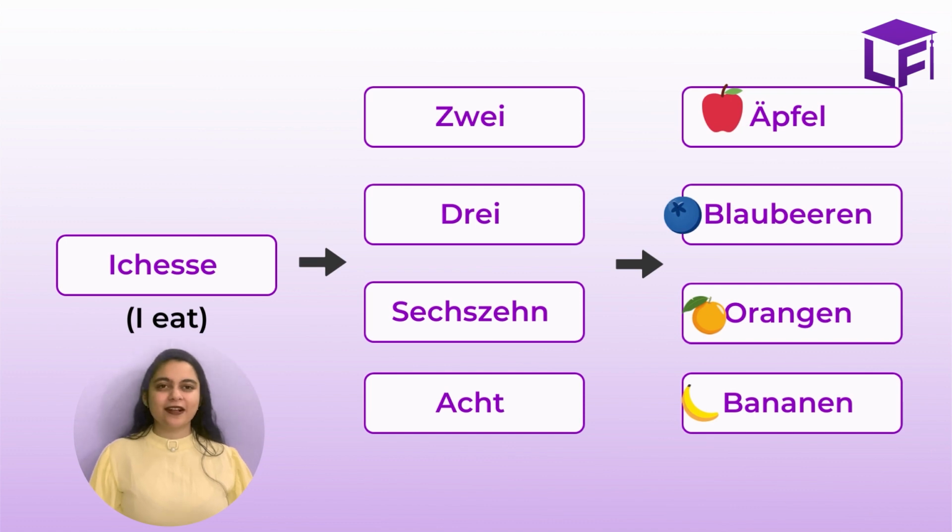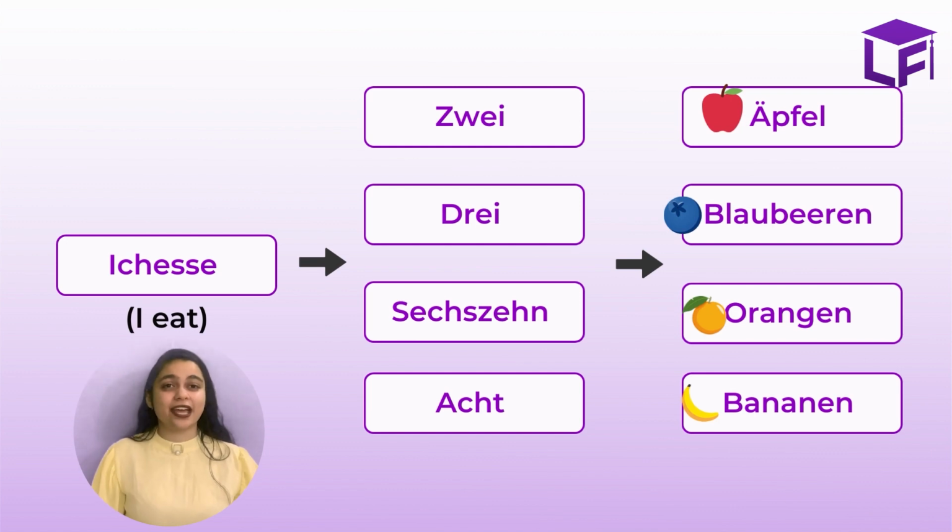Okay. The next one that we have is Blaubeeren. The third one that we have is Orangen. And the last one that we have with us is Bananen.